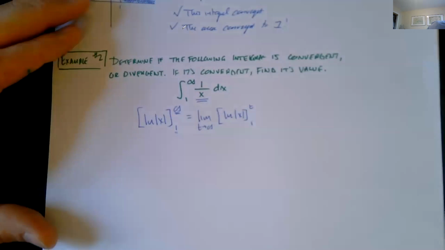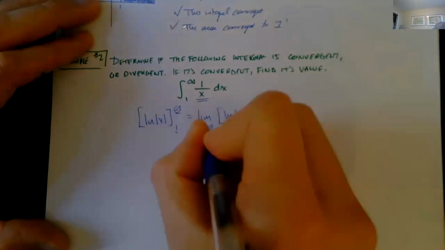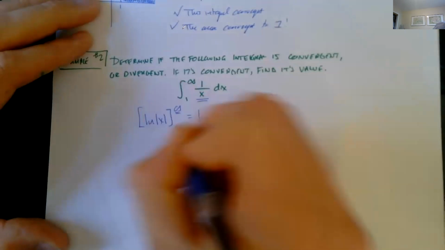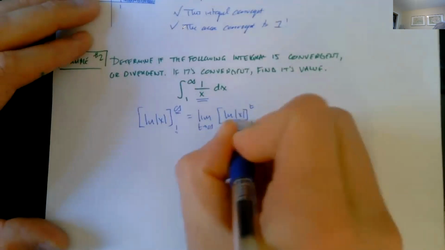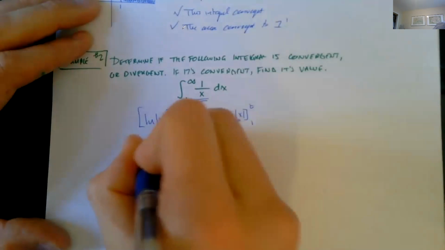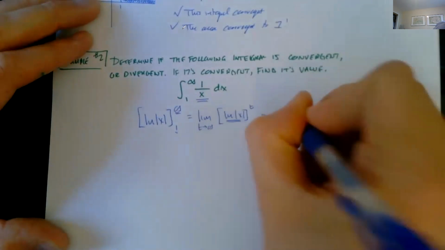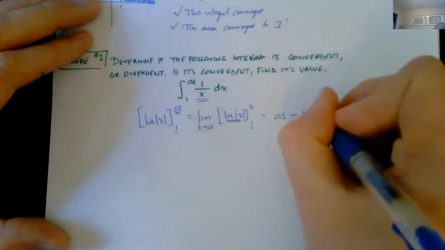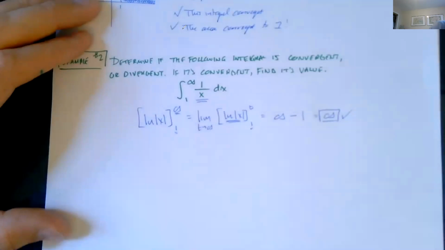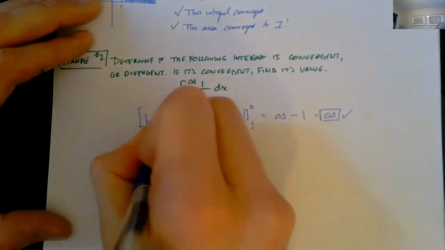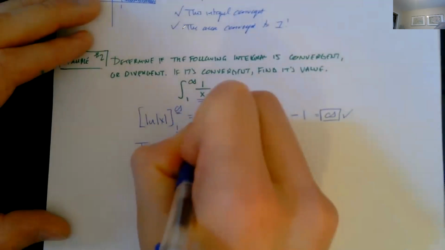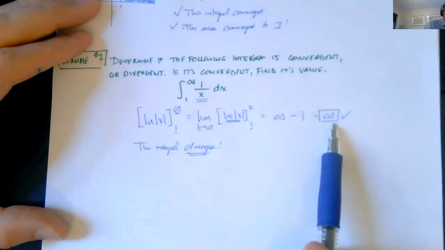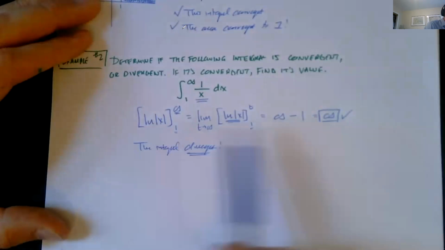Then when I evaluate this, if I take the limit as t goes to infinity of t, that's going to make that argument t go to infinity, which would make ln of t go to infinity as well. So this ends up being infinity minus, then when we plug that 1 in, we would get infinity minus 1, which is effectively infinity. So when we get that infinity like this, we would determine the integral diverges. This is not a finite number, so this integral then diverges.